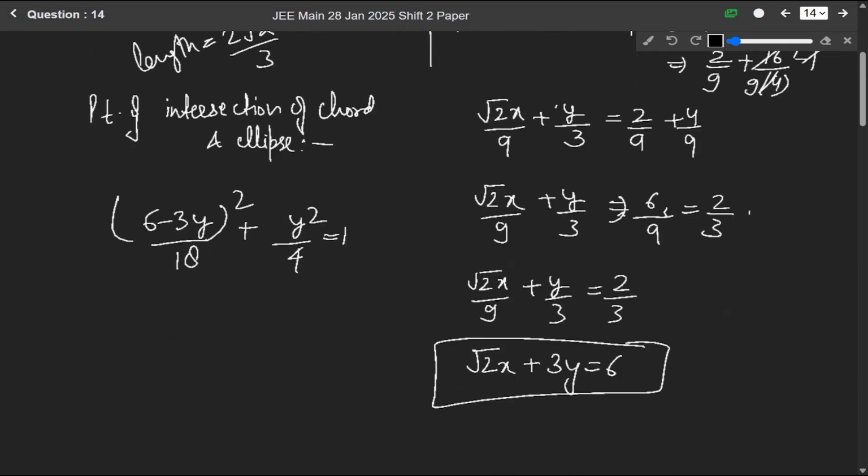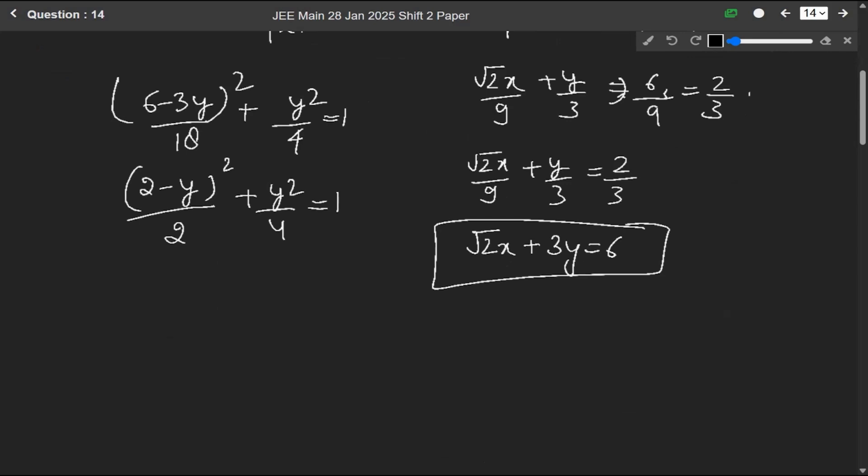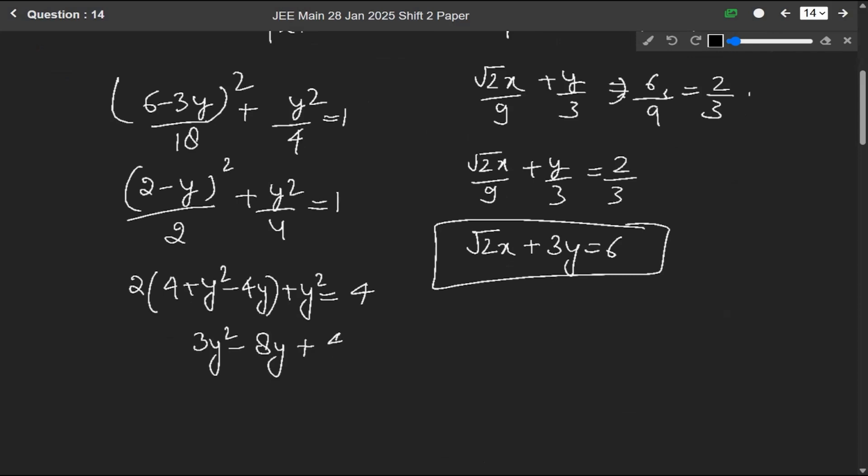Now this becomes (2 minus y) whole square over 9 plus y square over 4 equals 1. Expanding the bracket, we get 4 plus y square minus 4y, plus y square, equal to 4. So 3y square minus 8y plus 4 equals 0. Solving it, we get y equals 2 and y equals 2 by 3.